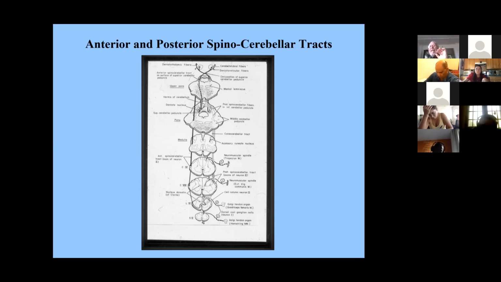So you can see that the upper part of the lumbar cord and the whole thoracic cord, and then the very caudal part of the cervical cord has this nucleus.